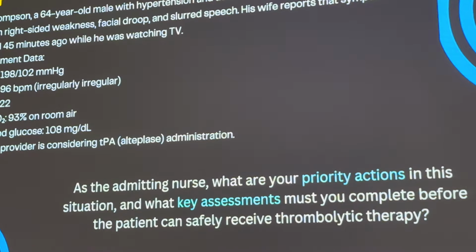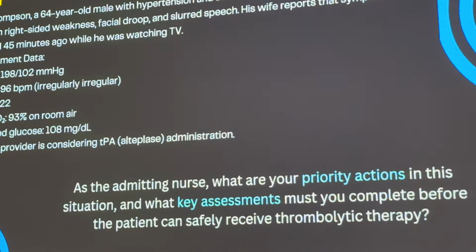Okay. Question for all of us. Mr. Thompson, a 64-year-old male with hypertension and AFib, arrives in the ED with sudden right-sided weakness, facial drooping, slurred speech. His wife reports that symptoms started 45 minutes ago while he was watching TV. Assessment data: BP 198 over 102. Heart rate is 96 beats per minute, irregularly irregular.